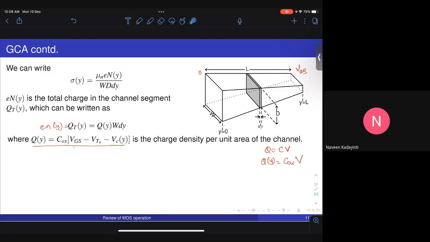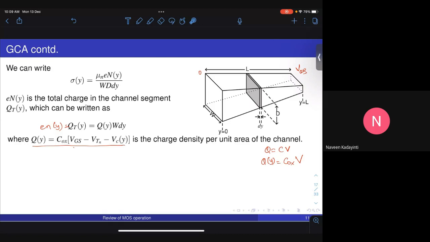That charge can be written as the density per unit area times the cross-sectional area of that segment. W is this width, dy is this length, so the area is W into dy, and Q of y is the charge density per unit area. Now, why did we do this?